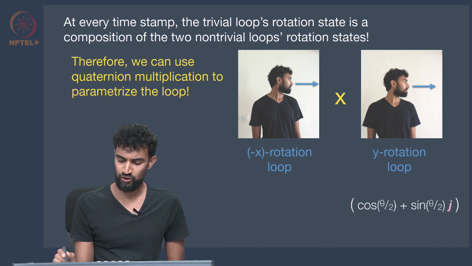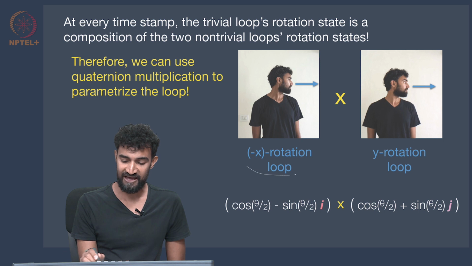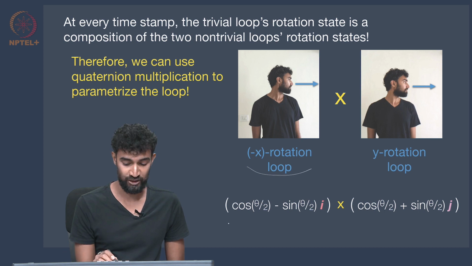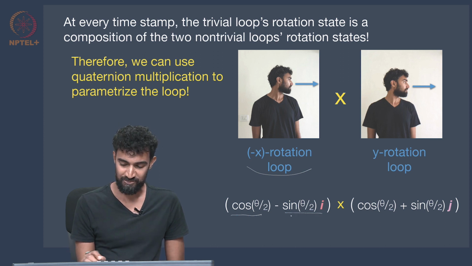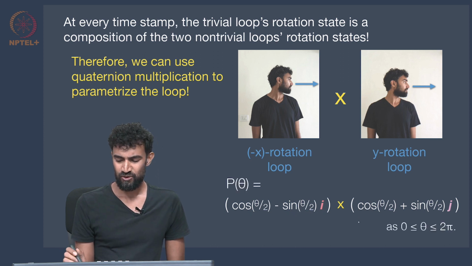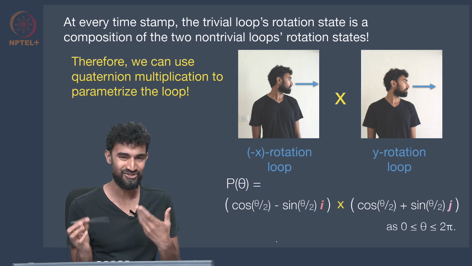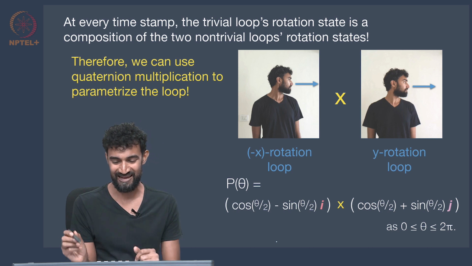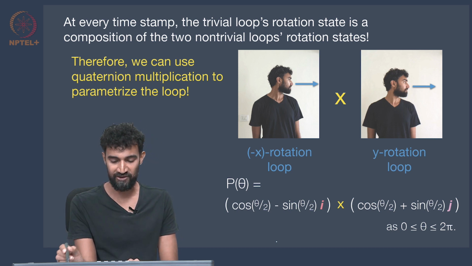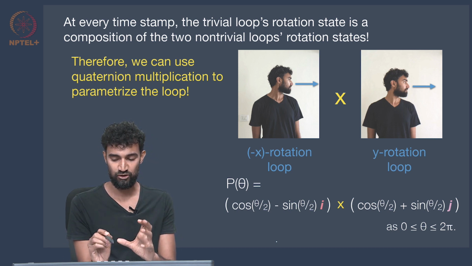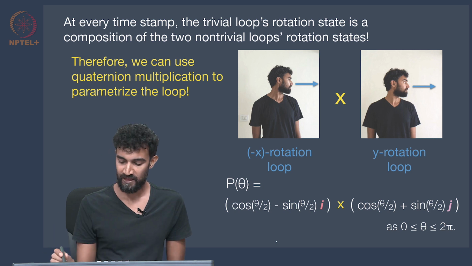So a y rotation loop is parameterized by cosine of theta over 2 plus sine of theta over 2 j. A negative x rotation loop is parameterized by cosine of theta over 2 minus sine of theta over 2 i. If we multiply these together, we should get the trivial loop, assuming that I'm not cheating you and that the trivial loop really is a product of this negative x rotation loop and this y rotation loop.